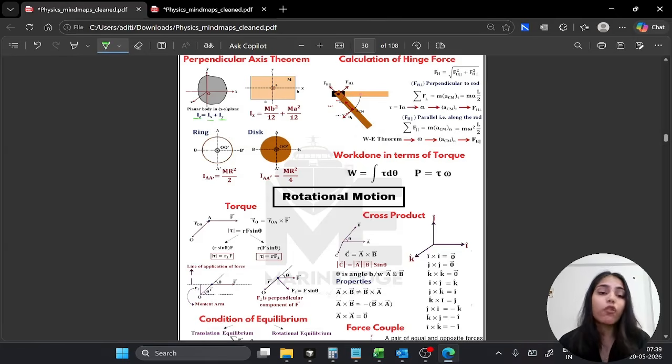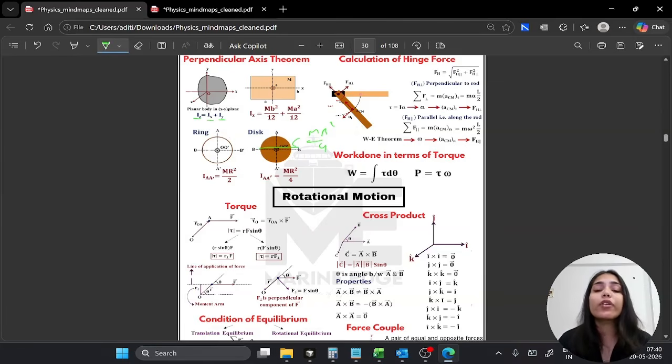Now, for example, let's say you have a disk here. The moment of inertia of a disk along its diameter is mr square upon 4.